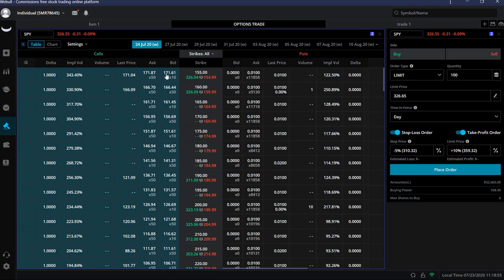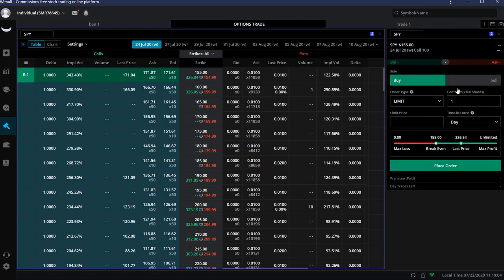But one contract costs $171.61 times 100 shares. So one contract would cost you $17,187.